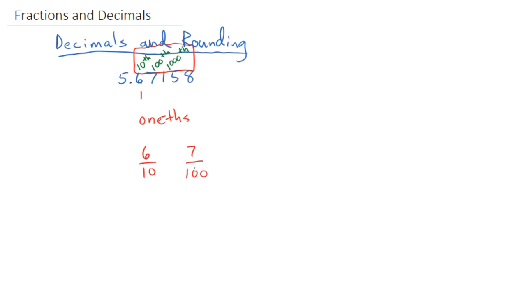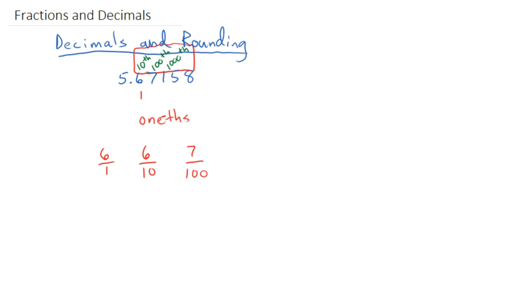If we had a once place, like let's say the 6 was in the oneths place, that would be 6 over 1, which isn't a fraction, it's a whole number. So it just doesn't make any sense for there to be a once place. I don't know if that's helpful for keeping track of why you start with the tenths place in the decimal land, but that's the reason why, more or less.